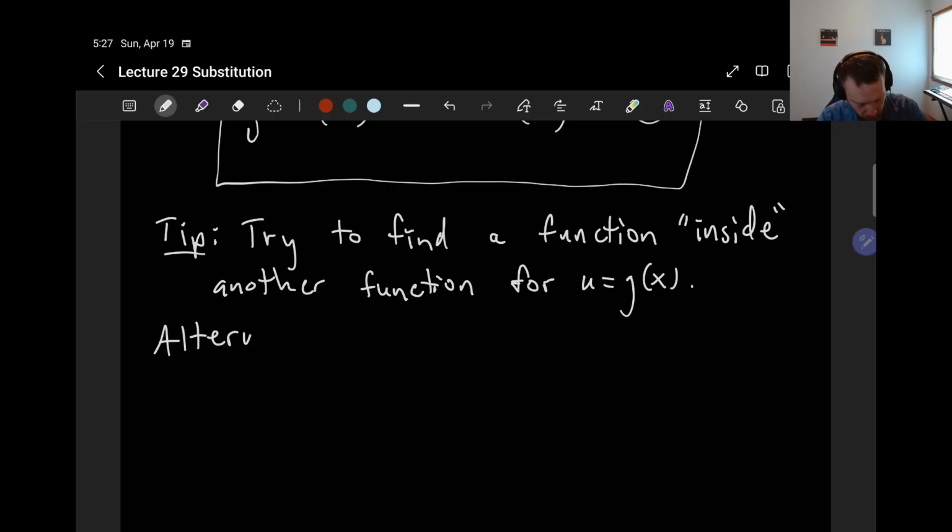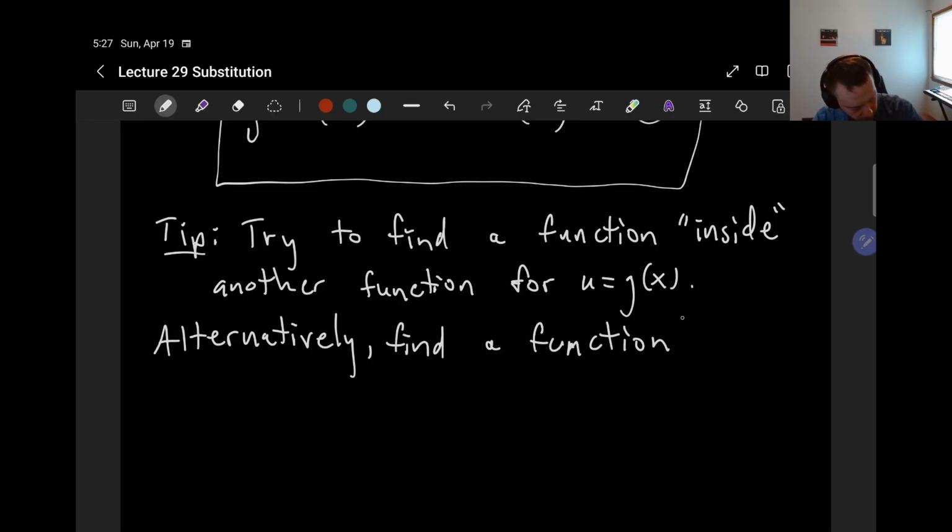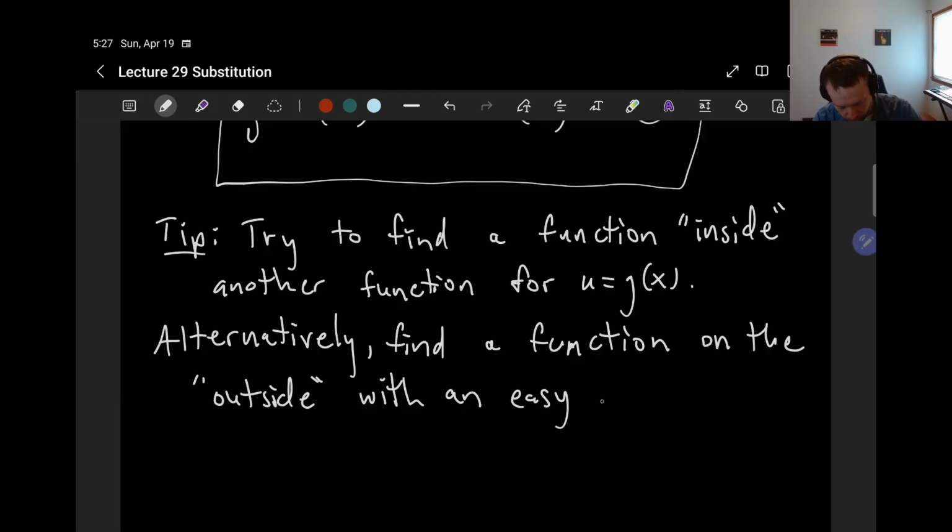Sometimes an alternative approach is helpful. So alternatively, find a function that's on the outside, with an easy antiderivative, meaning the antiderivative is easy to find.